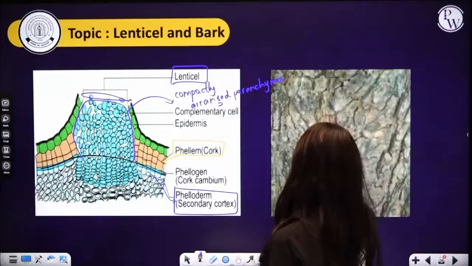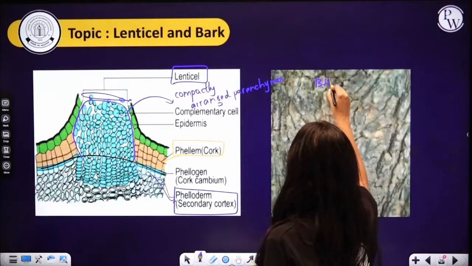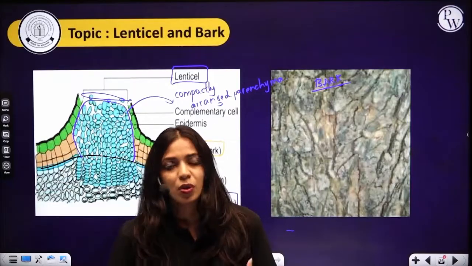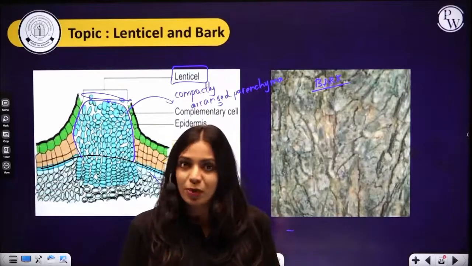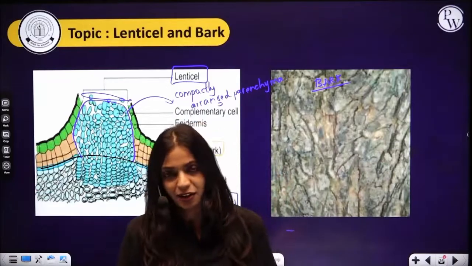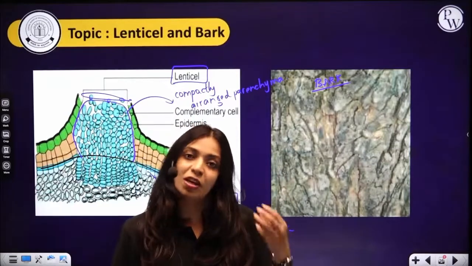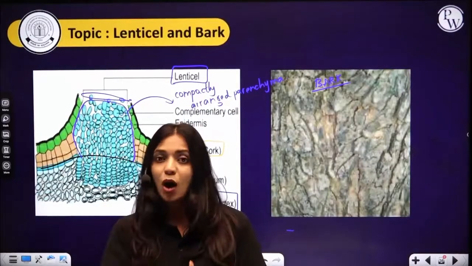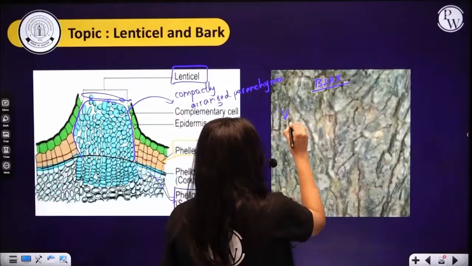Now let's talk about the bark. I'm sure you all know what a bark is. It is a very common term that we use. The way we think about it in layman terms, it is the outermost hard layer of a tree trunk. But botanically, bark comprises all the layers that are present in a stem outside the vascular cambium.